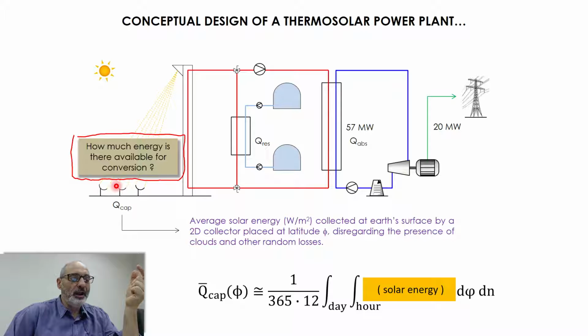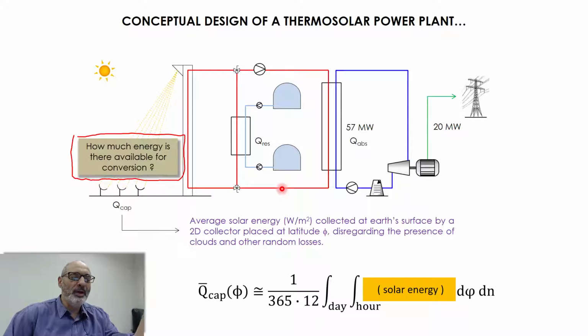Because, as I mentioned, the amount of energy that arrives here in order to be converted to electricity and to stored energy varies with the hour of the day, with the day of the year, and depends on the position on the globe.